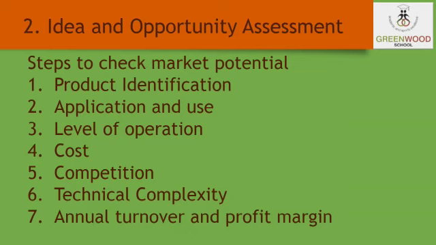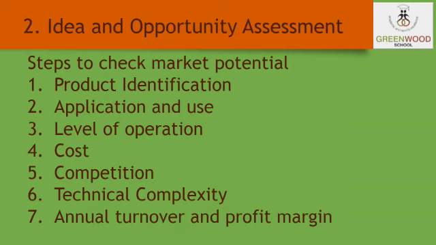The fifth step is competition. Competitive analysis should be done through demand and supply position. The sixth step is technical complexity. Whether the product requires certain technology in terms of plant and machinery, training needs, and application should be assessed.